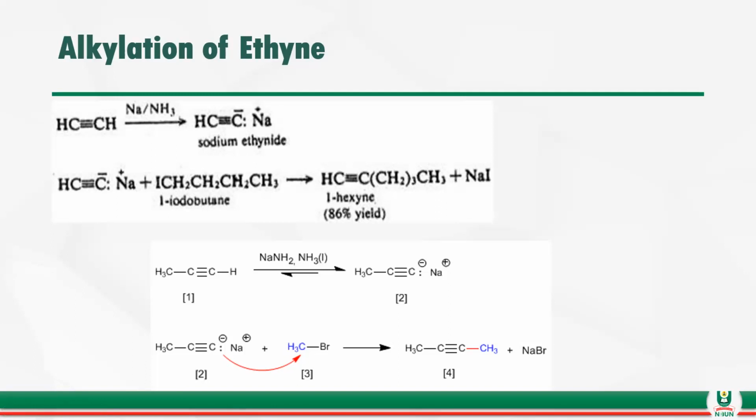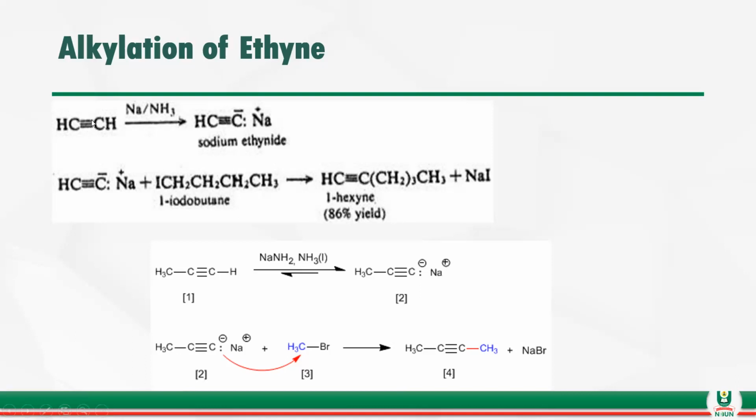So remember, because of the presence of this hydrogen here, this molecule can still undergo further alkylation with sodium in ammonia and then halogenoalkane. So this is typical, just an emphasis.